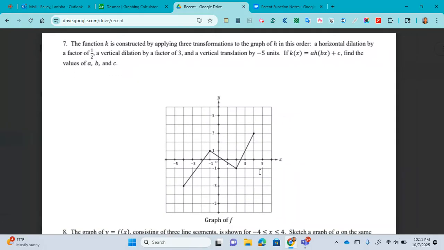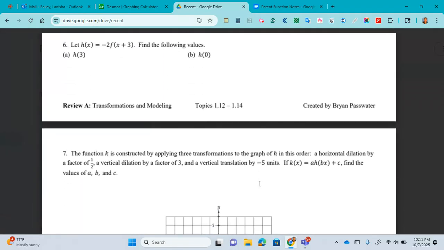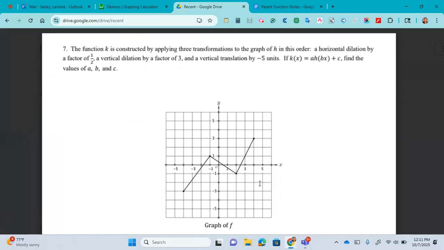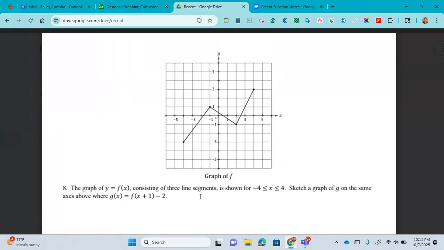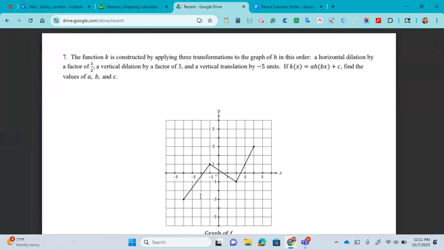All right, look at this. The function k is constructed by applying 3 transformations to the graph of h in this order. This says f. Maybe I'm tripping. Maybe they just put the wrong one. Okay, my fault.